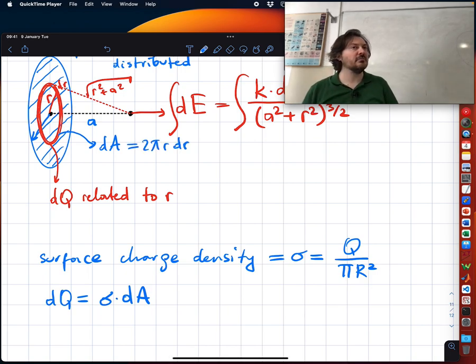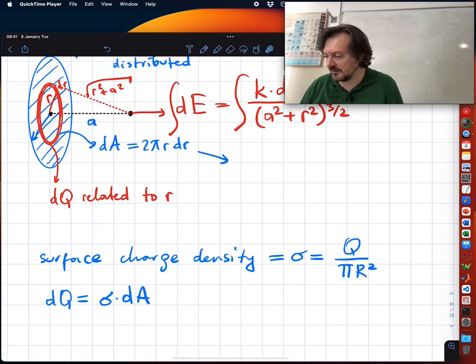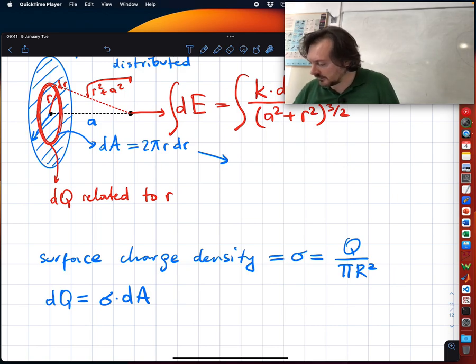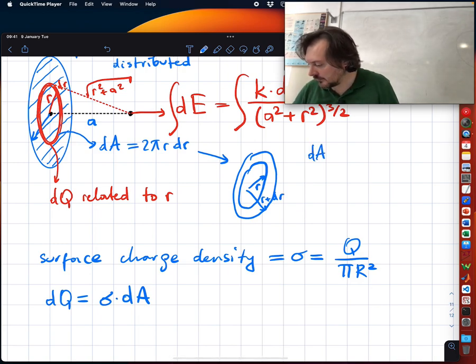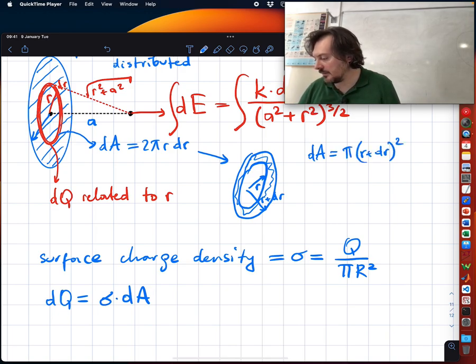Now, there are at least two ways of thinking about it. One way is the area over here, you can think of it like this. I have r and then r plus dr, right? So the area in between is pi (r plus dr) squared minus pi r squared.